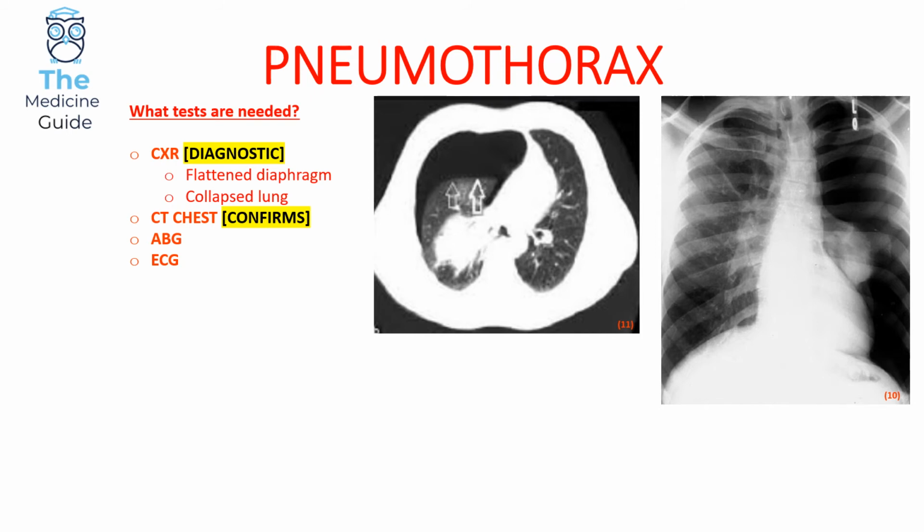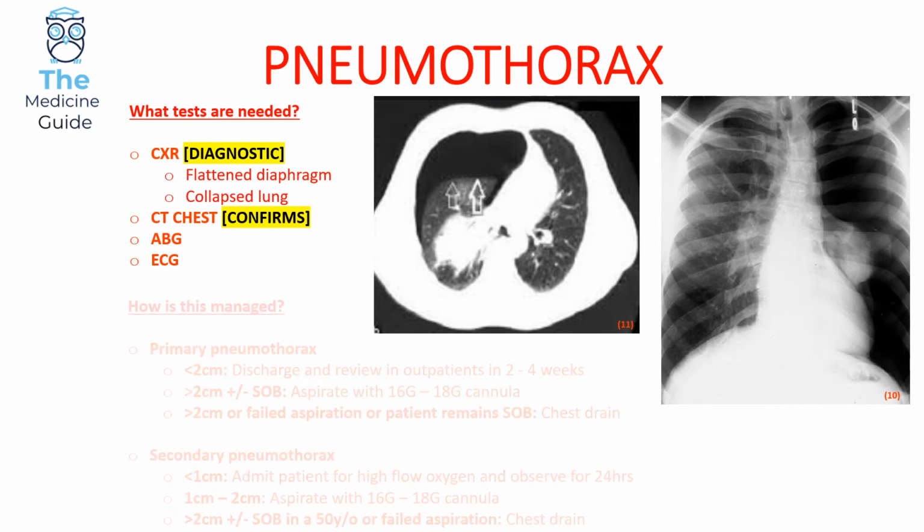So the CT shows a right-sided simple pneumothorax. Okay? We would also need to perform an ABG and an ECG in these patients. The ECG in these patients would just be to exclude any cardiac causes of chest pain.